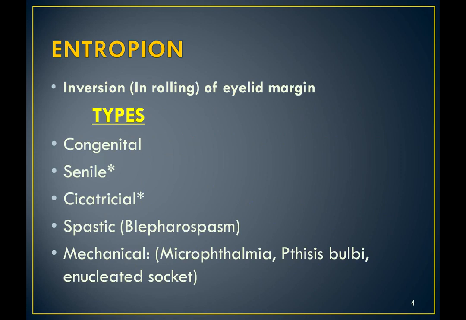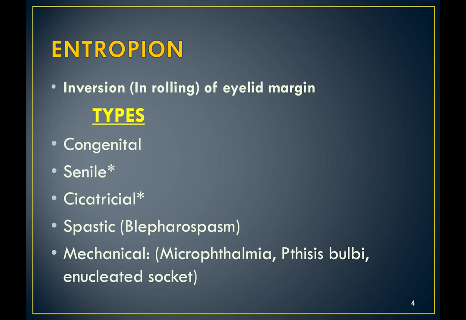Now, what is Entropion? Entropion is defined as inversion or enrolling of the eyelid margin. What happens is that the lid margin that is normally snugly fit with the bulbar conjunctiva at its posterior margin, because of some pathologies we are going to discuss in the coming session, gets inverted.